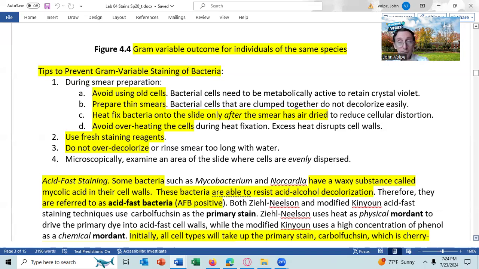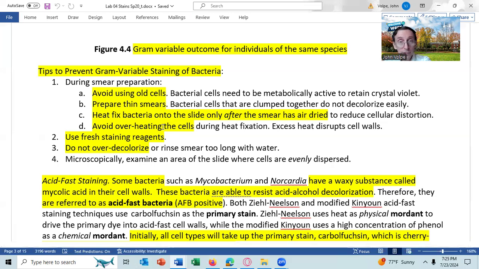If the smear is very thick, it's difficult for the dye to get down to the lower cells. And then if they do get stained, it's more difficult to get the decolorizing agent to get down to the lowest cells and decolorize those lower cells. So you want a thin smear, preferably one that is a single cell layer deep, only one layer of cells deep.